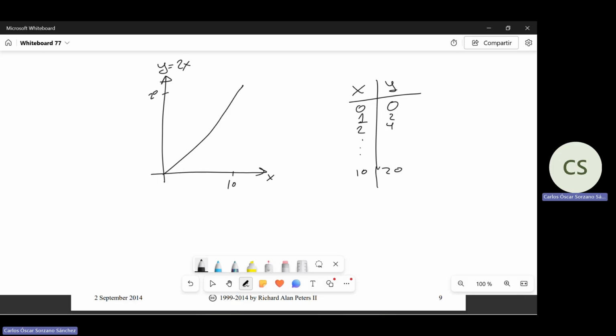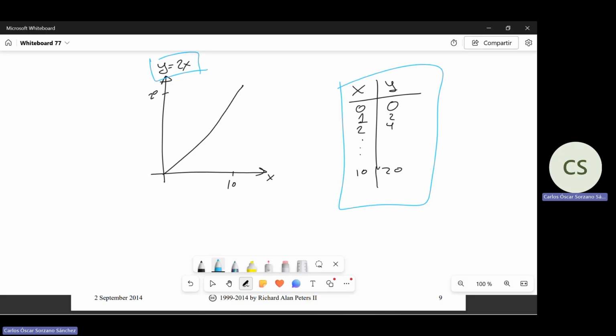So you have a correspondence between two values, and the argument can be continuous or discrete. But what is important is that for every input value, you have only one output value. The function is a list of pairs of numbers that are related.